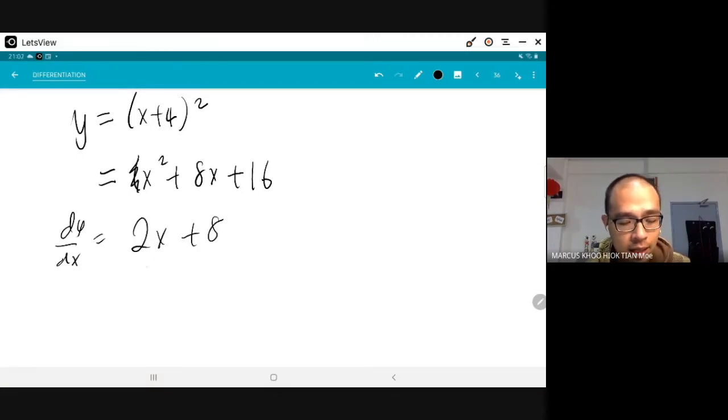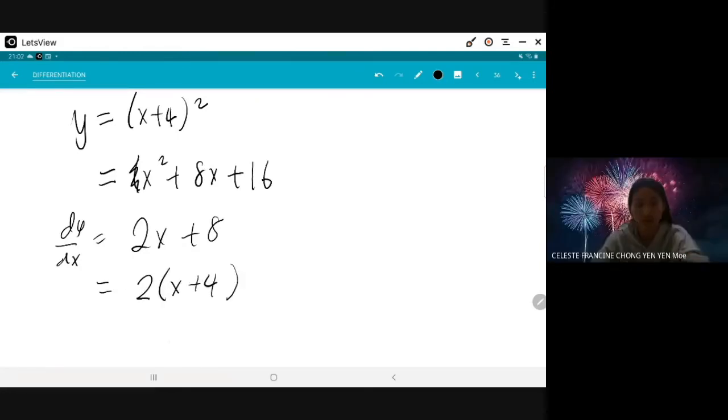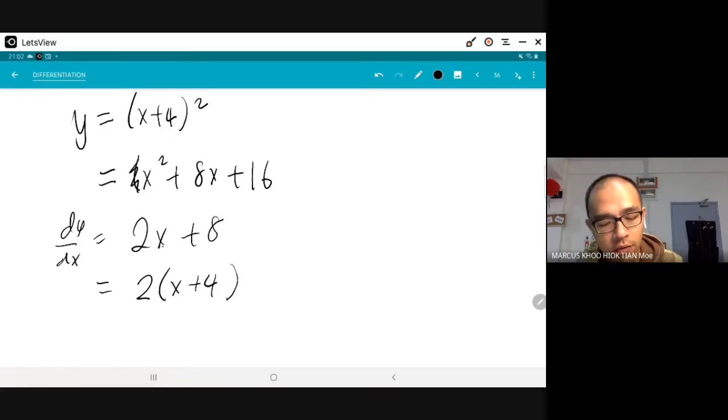You're asking whether you need to factorize like this? Because this is the answer given. No need. If you give me the answer like this also can. It's just a different way of writing the same thing, so totally no problem. You don't have to follow. Okay, thanks.